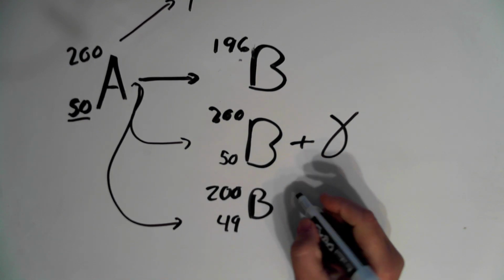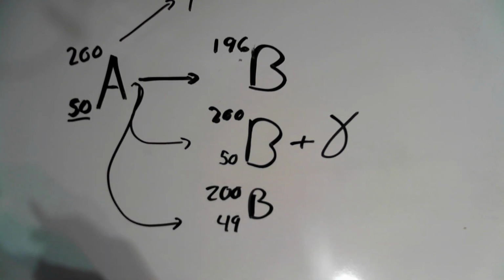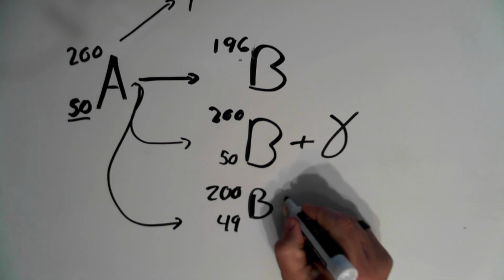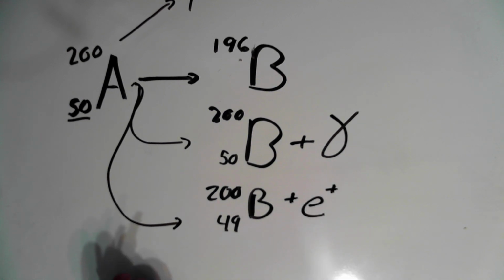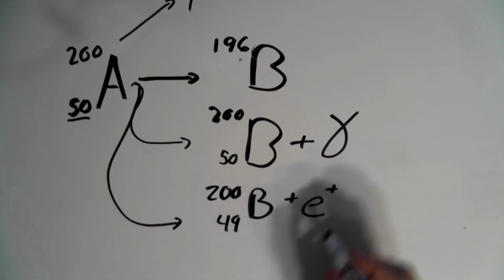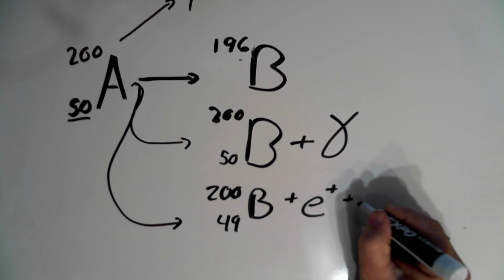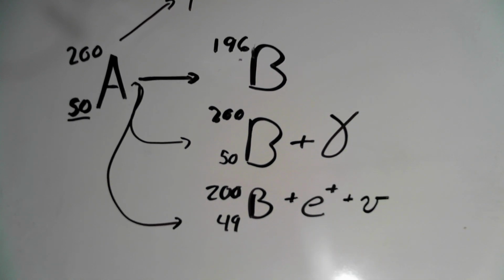So that means that I had a proton that turned into a neutron. And when that happens, the charge that is ejected from that proton comes out as a positron, a positively charged electron. It's antimatter, if you will. But every time there's beta radiation, there is a secondary particle that is also ejected, and that is referred to as a neutrino.